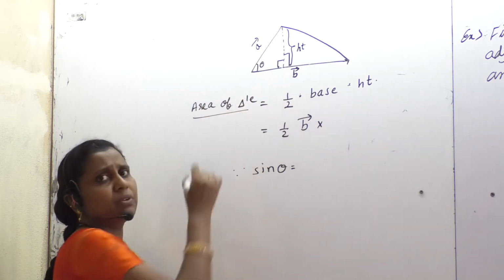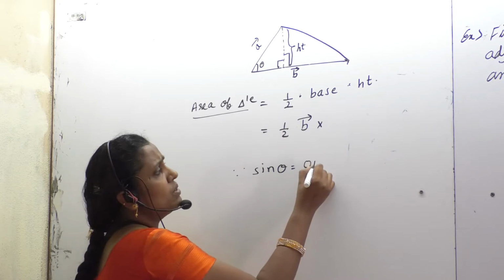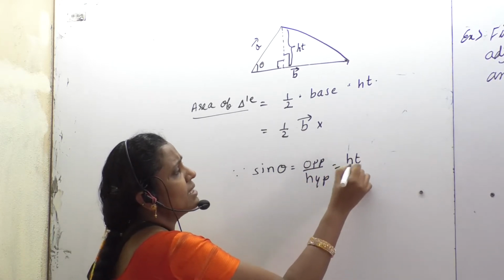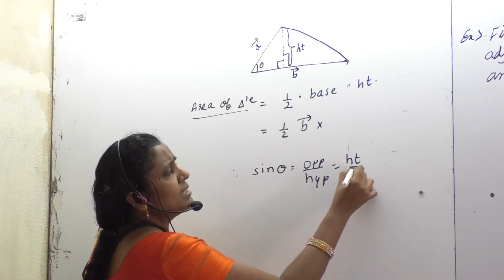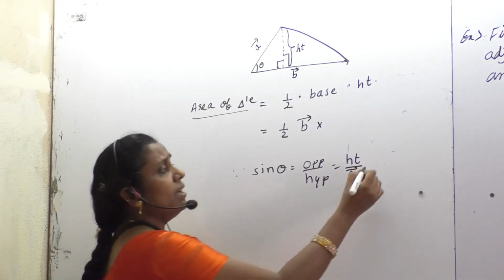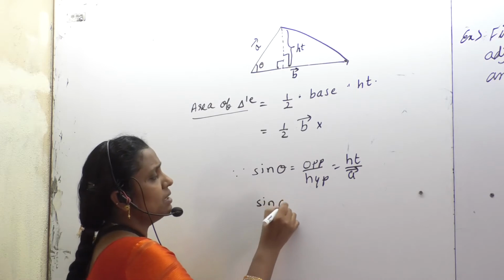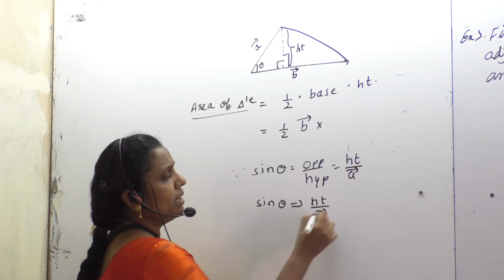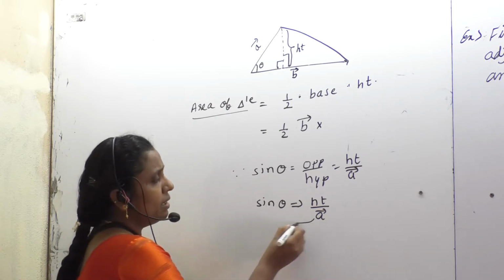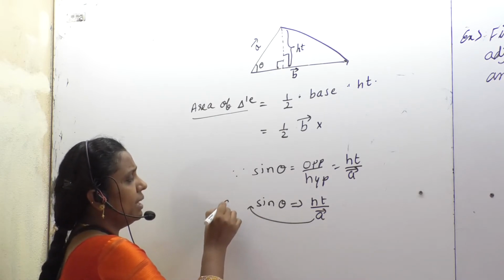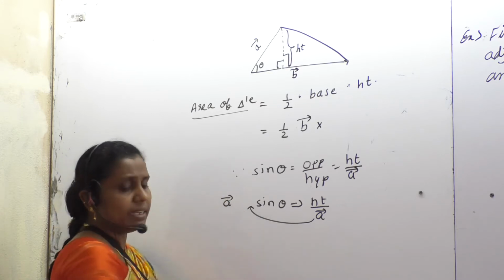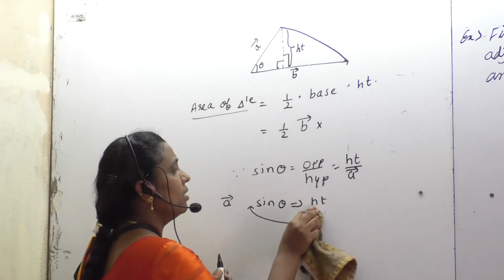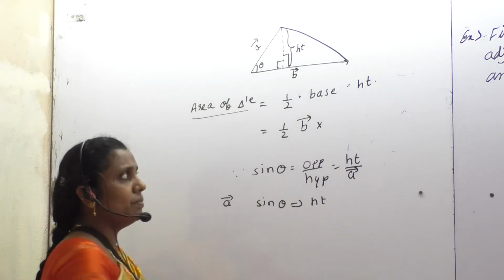Opposite side is considered as height. Hypotenuse side is considered as vector A, and sine theta will be like height by vector A. If I take this A here, it will be like A sine theta, and that will be the expression for height. Am I right? Is this clear, everybody? Okay.